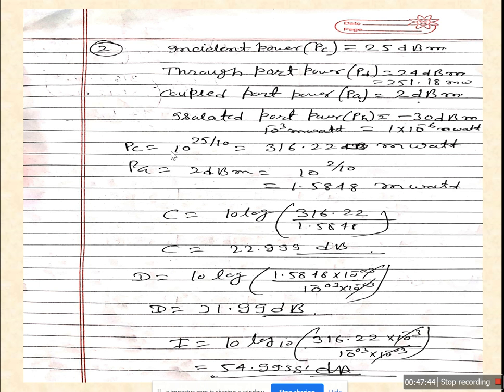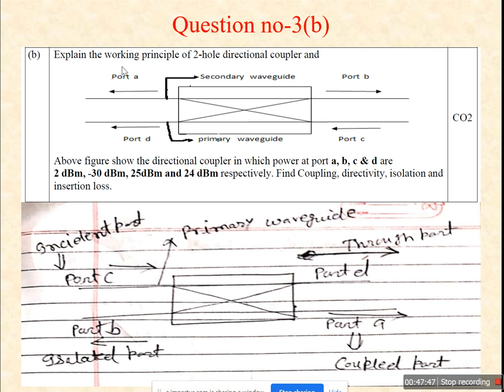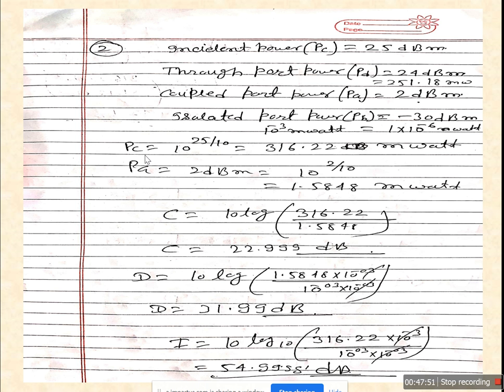The simple way is the directions, only using the direction you can find out. The PC, change it in the form of dBm. When you convert dBm using the anti-log of the value divided by 10, the answer comes in milliwatt.